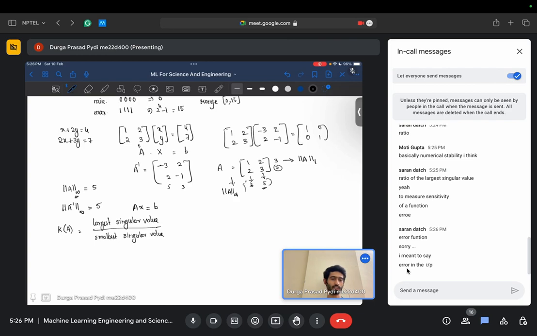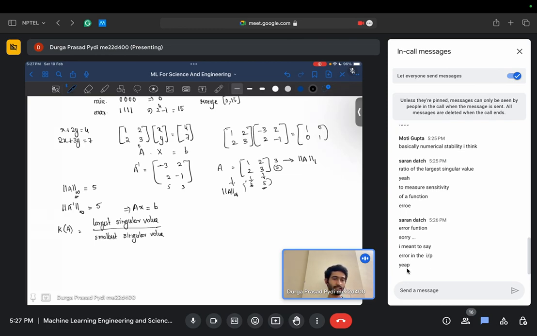Error in the input. So basically, as I understand, you are trying to measure the sensitivity of error with respect to input. If I want to solve the system of equations Ax equal to b, but I do not know for sure that the A and b that I have are accurate enough, so there are some errors in that, how will it impact my result?